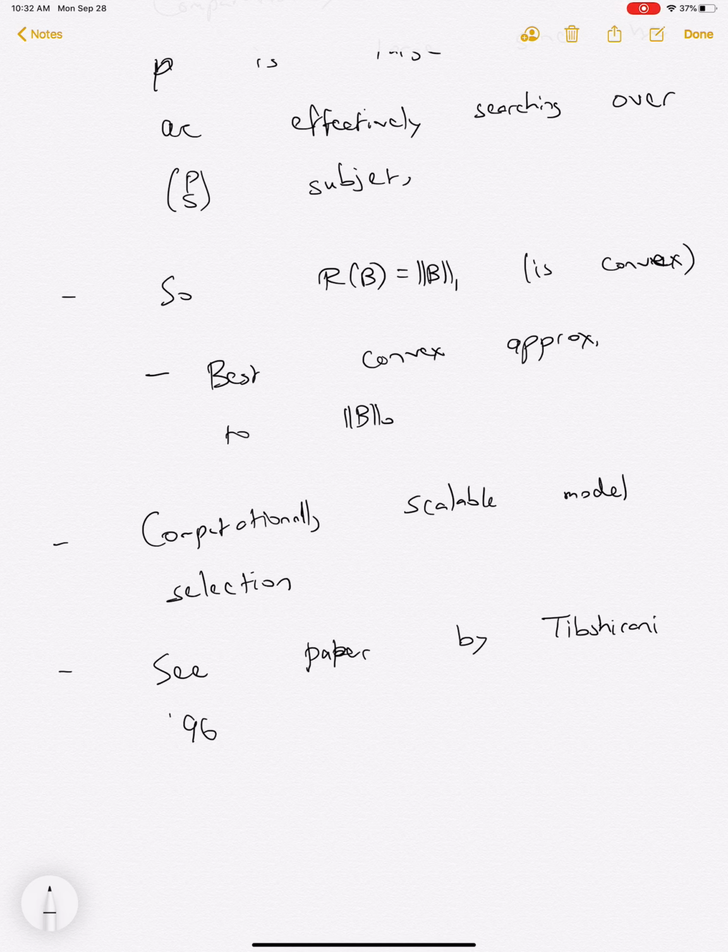I also wanted to reference the 1996 paper by Rob Tibshirani. If you want to learn more about the lasso, that's one of the more widely cited papers of the last 20 or 30 years, because of how much popularity high dimensional statistics and the lasso have gained.